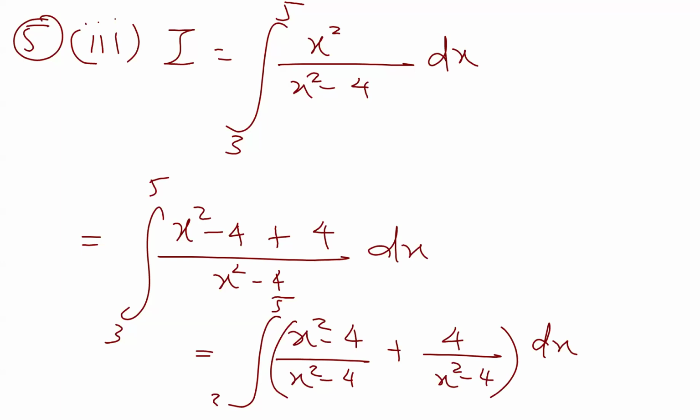Five and 3. This will give me 1. Okay. So I'll just write this again. 4 is a constant. x square minus 2 square.